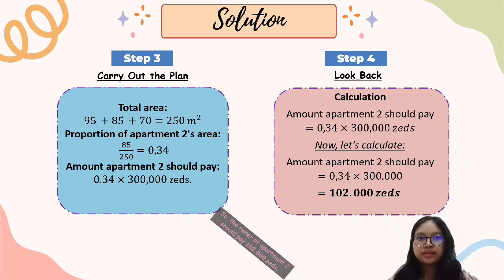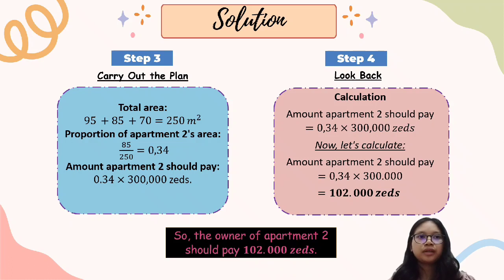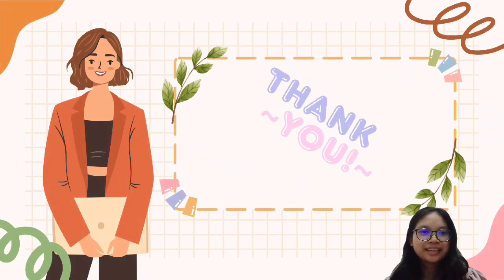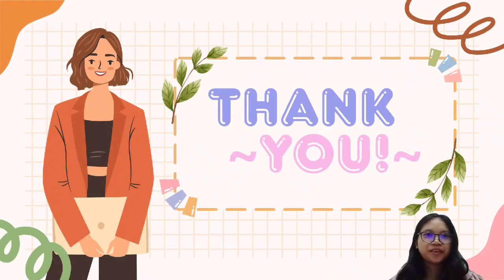So, in conclusion, the owner of apartment 2 should contribute 102,000 zeds towards the selling price of the building, reflecting the proportionate share based on the area of their apartment compared to the total area of all 3 apartments. So I think that's all for our discussion for today.